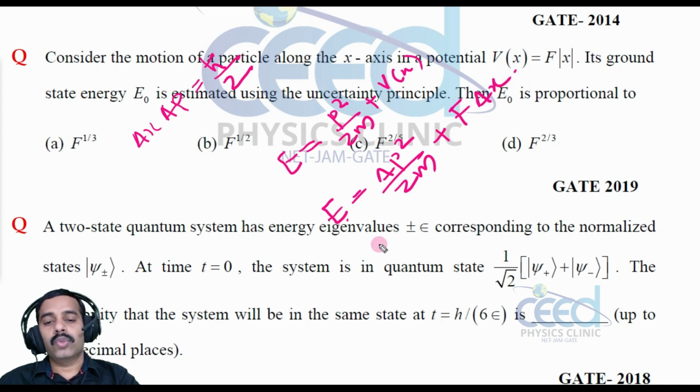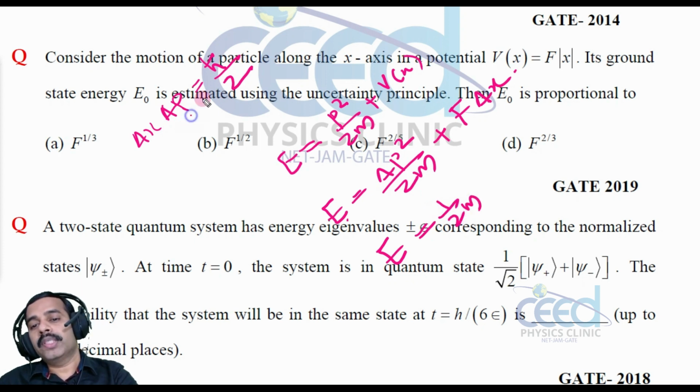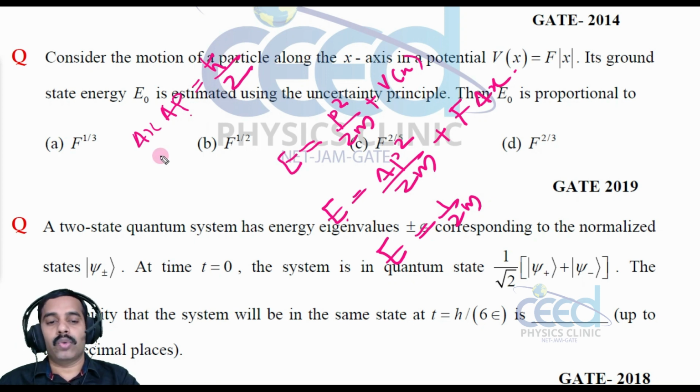Now we can substitute the delta P value, delta P is equal to h cross by 2 delta x. So that is 1 by 2m into (h cross by 2 delta x) whole square, plus f delta x.